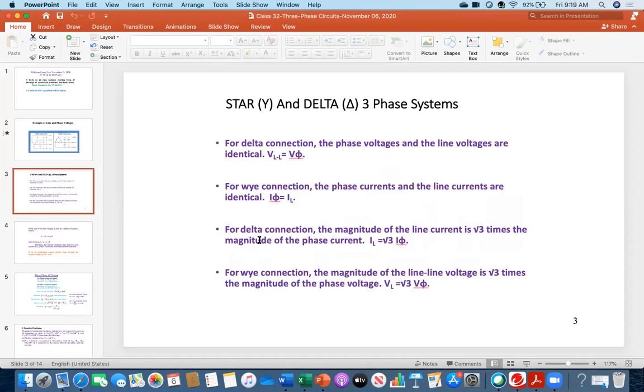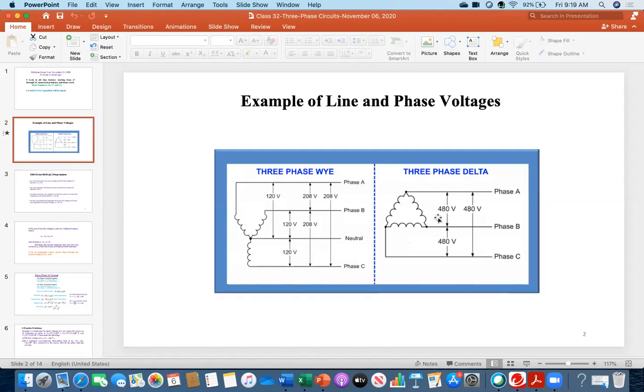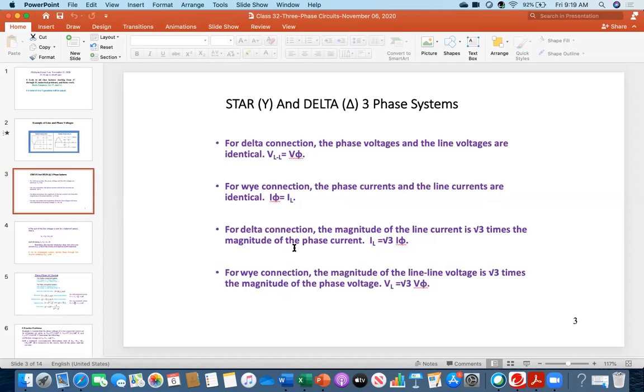Now come back. For delta connection, the magnitude of the line current is root 3 times the magnitude of the phase current, the thing that I just told you. The magnitude of line current is root 3 times the phase current here. That is the meaning of this one.